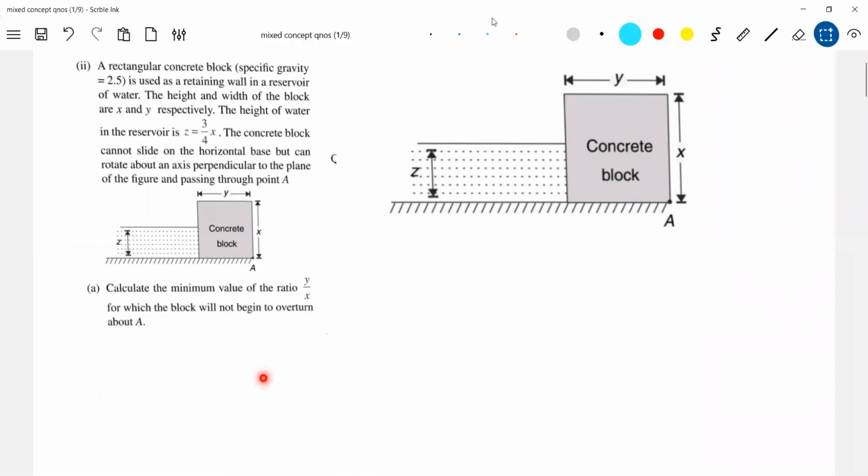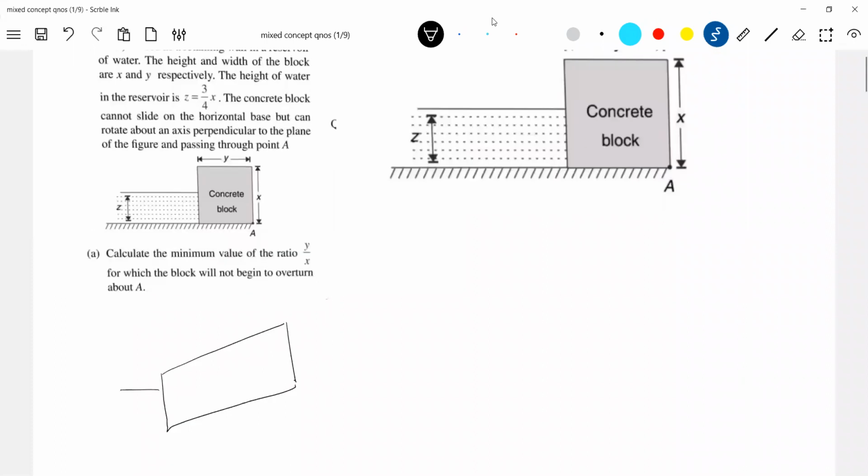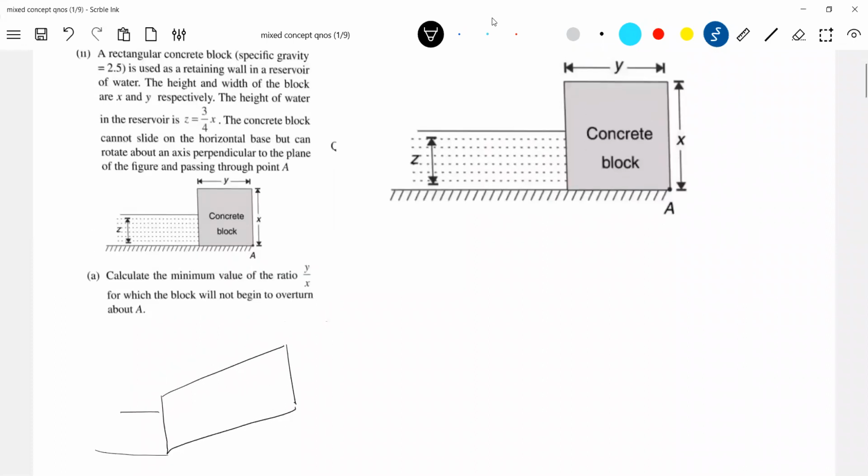There's a concrete block. The other side, liquid is present. So what is the general method for us? We'll assume a strip, let it be at height h, of thickness dh. So there'll be a force acting on that, and in what direction will that force be? It will be in this direction.